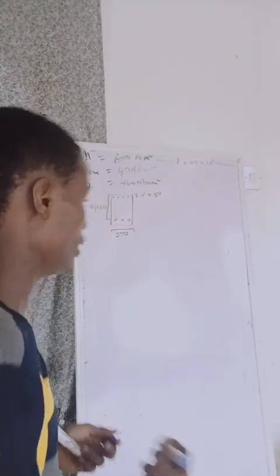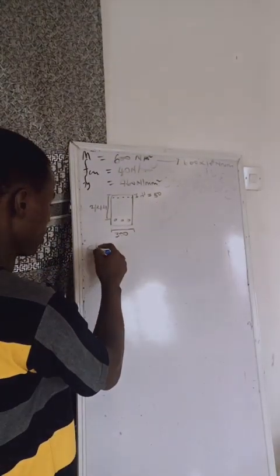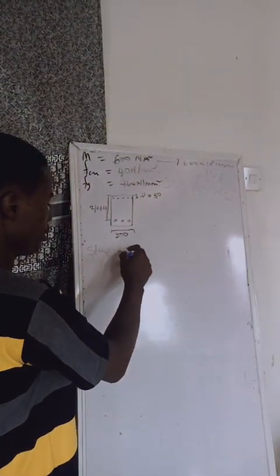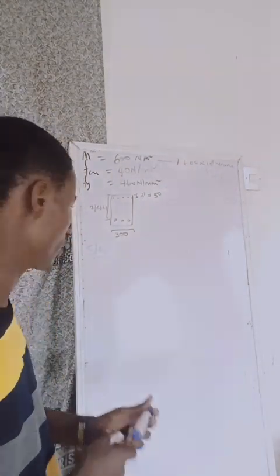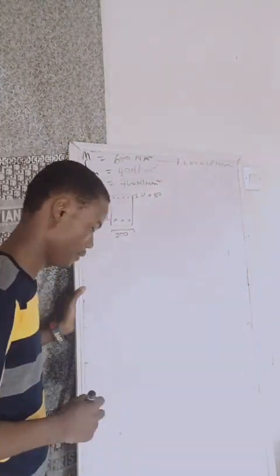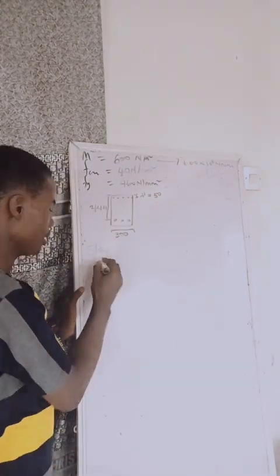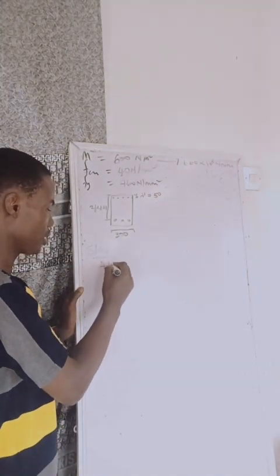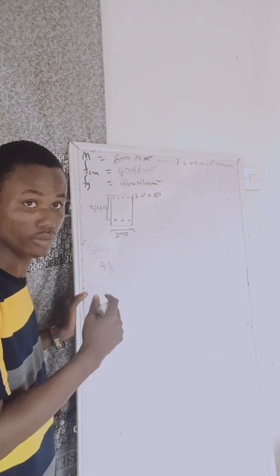Now that we've clarified that, so that should be under step five. I believe you can see what I'm writing. Step five: find your As prime, area of compressive reinforcement.